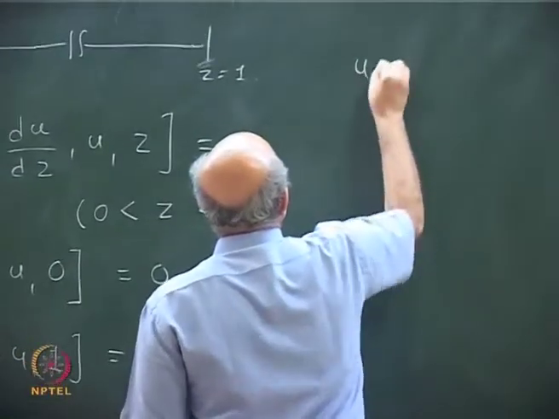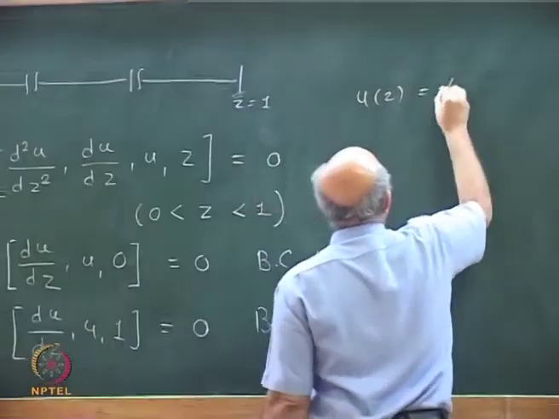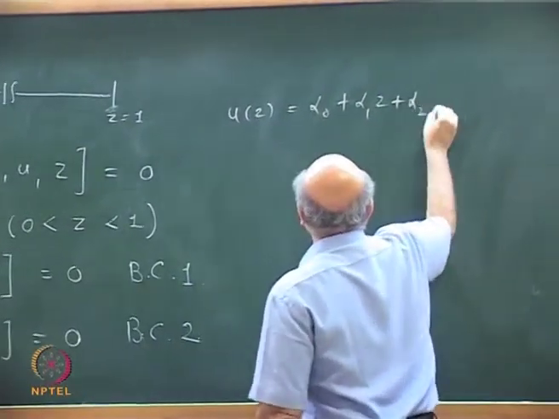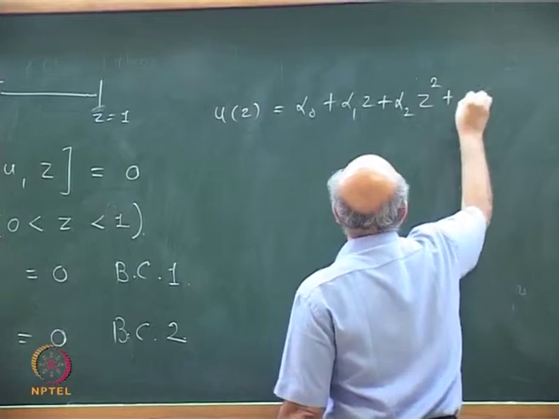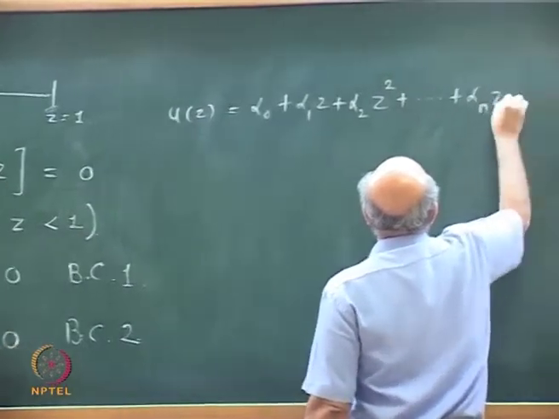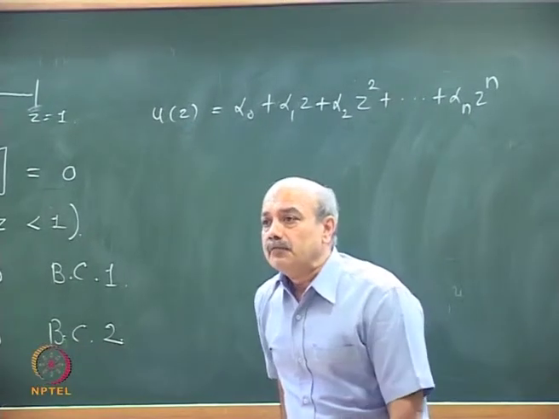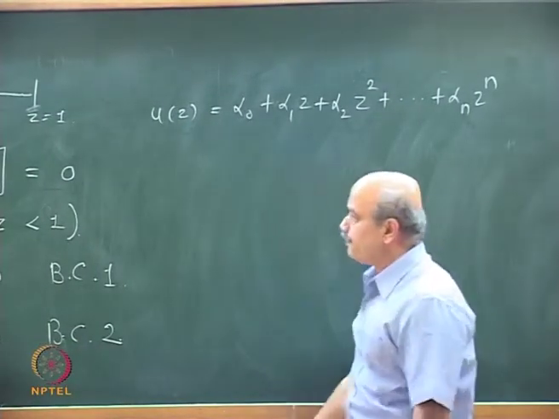So this is u of z equals alpha 0 plus alpha 1 z plus alpha 2 z square plus up to alpha n z to the power n. This is the interpolating polynomial, which is the proposed approximate solution.